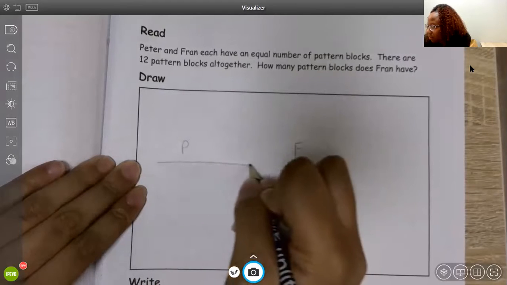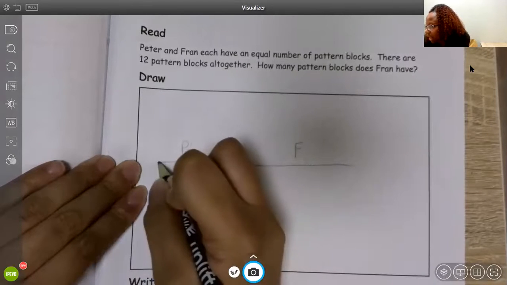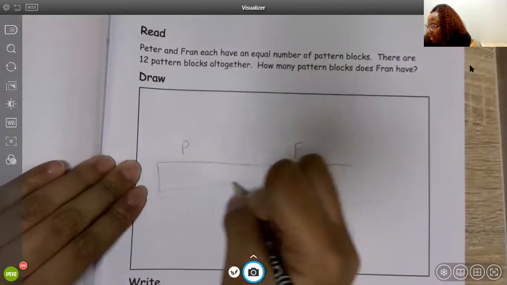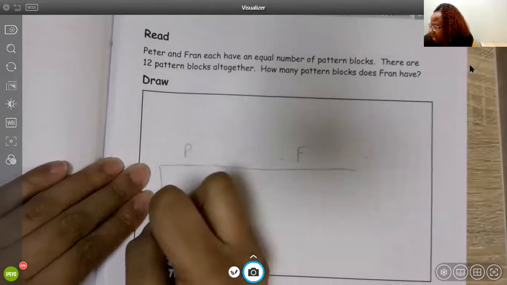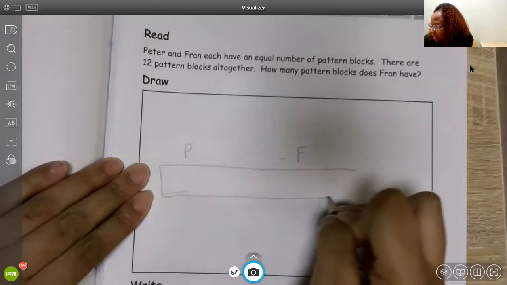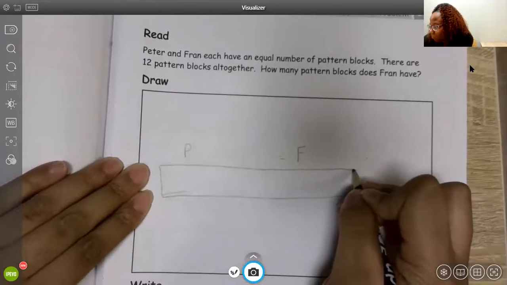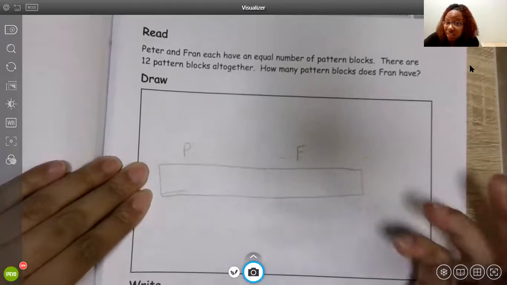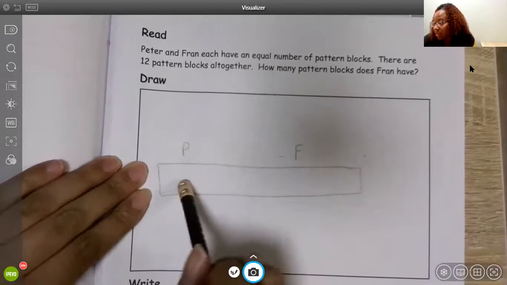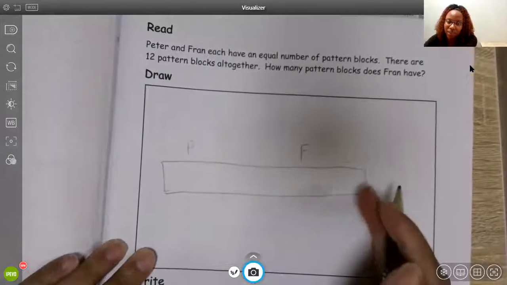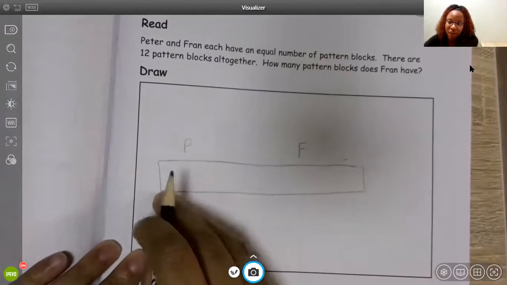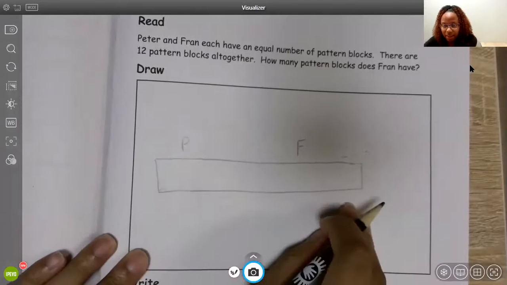So let me go ahead and draw that. Now, does it tell me how many pattern blocks Peter has or how many Fran has? No, it doesn't give me a number. It tells me that they have an equal number of pattern blocks. It doesn't tell me how many Peter has or how many Fran has.